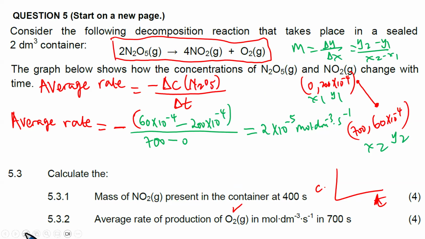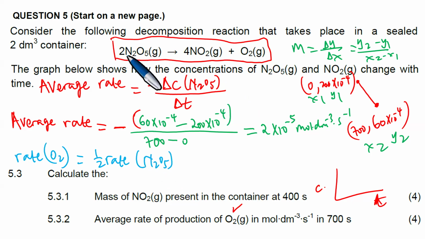So meaning the rate of oxygen is 1/2 the rate of N2O5.